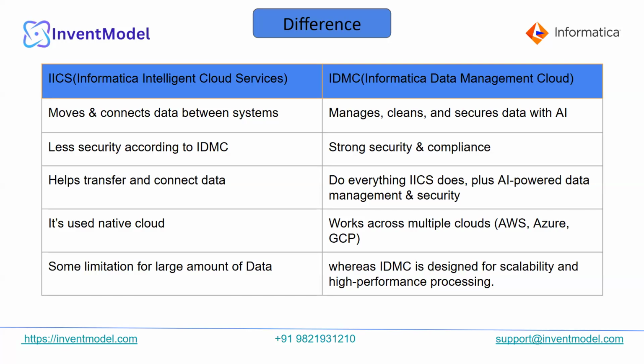So we can easily use data in IDMC. Like we said earlier, it is the data warehouse, no? So we can use data without any hassle, and the data will be processed very fast; we can achieve high processing performance through IDMC.